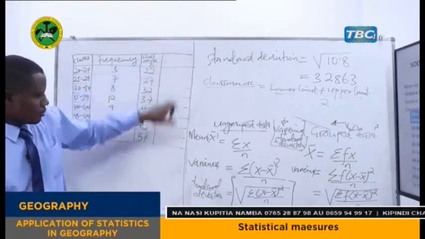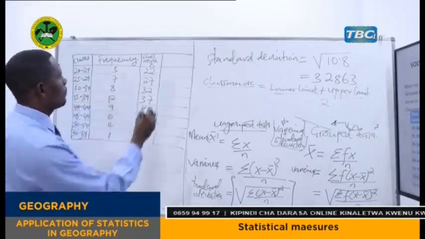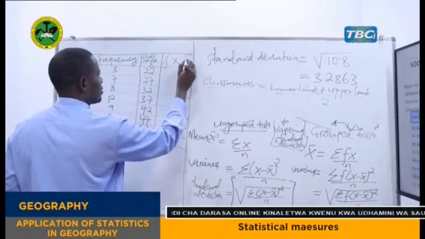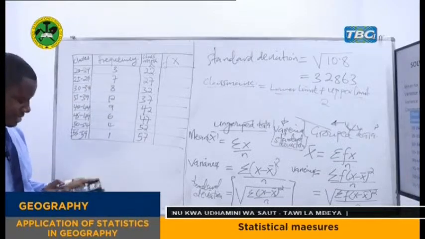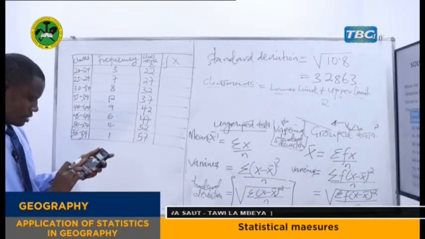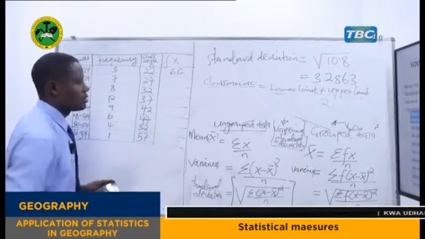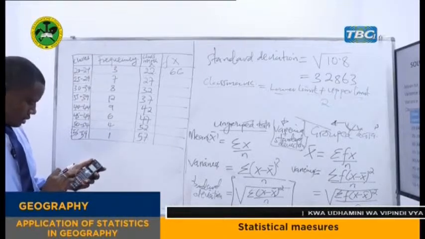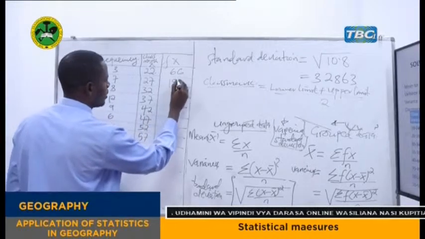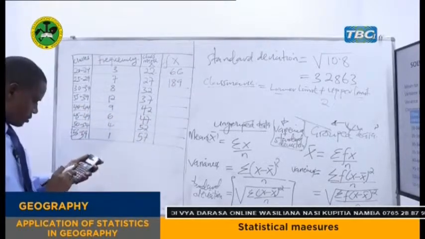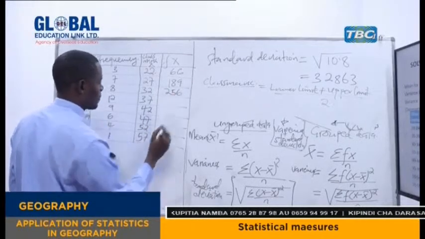Then we have another column that we should establish so that we can find the what? The mean. So we have F times X. That's another column we should establish over there. For that case, it means we'll take 3 times 22, then we get 66. Then we go for the next one, that is 7 times 27, then we come up with 189. 32 times 8, we come up with 256.